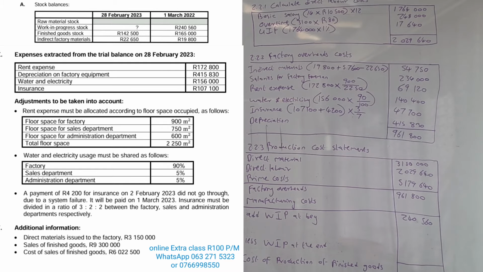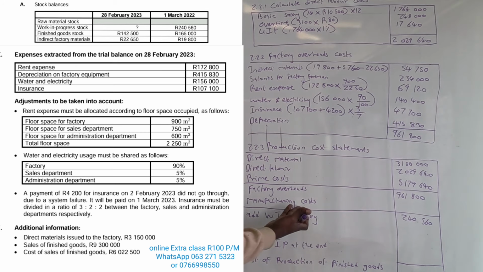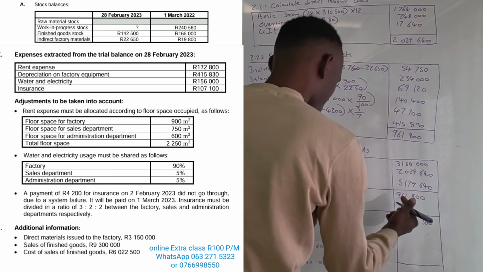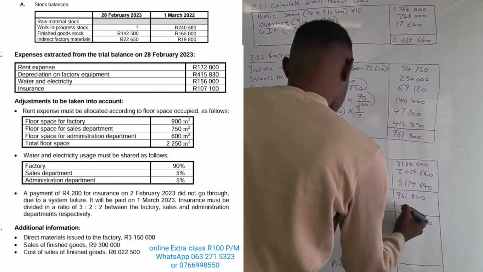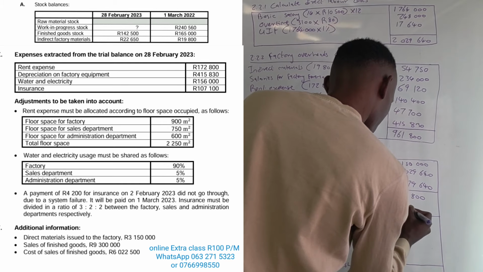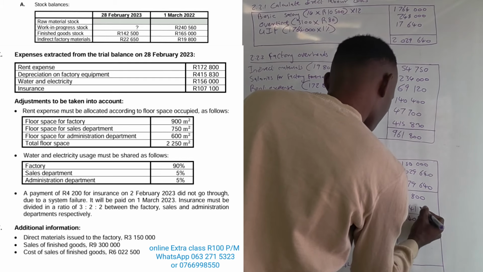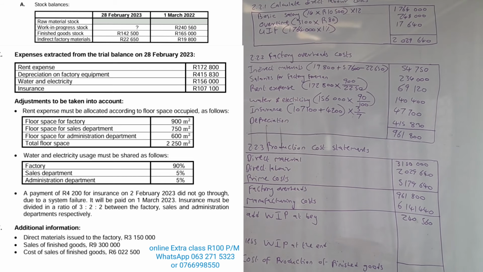Because we already got the answer for factory, now we can get a total manufacturing, which is prime cost plus factory, which is going to give us 6,141,440. Very simple.